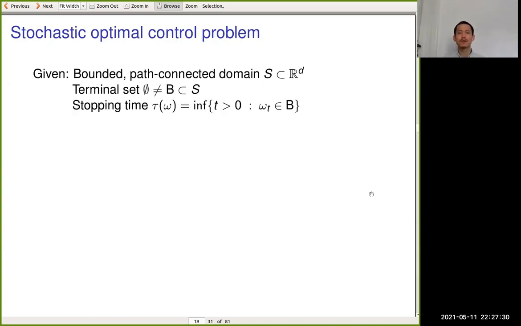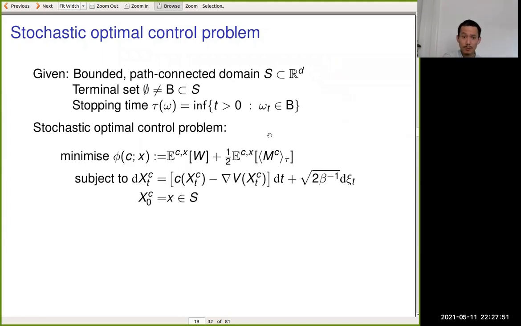Okay, so now what's our stochastic optimal control problem? Suppose we are given a bounded path-connected domain S in R^d, and we fix some terminal set, some non-empty set B, which is a subset of S, and we define our stopping time with respect to B. Basically, tau is the first hitting time of B in this problem. The stochastic optimal control problem is as follows. We want to minimize this objective function of phi.